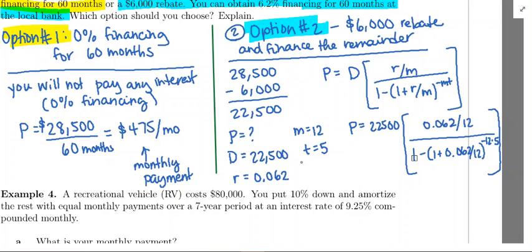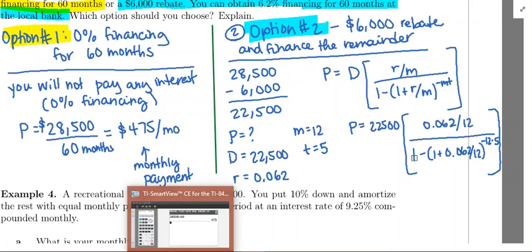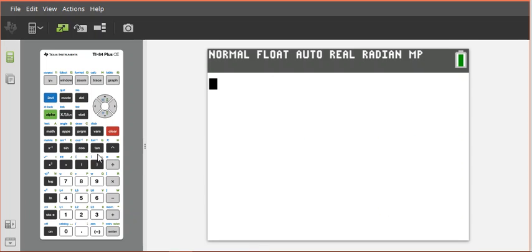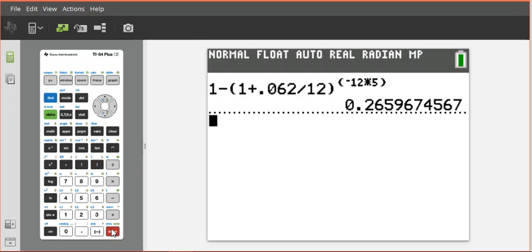If I pull up the calculator, we are going to start inside the brackets for this formula. The denominator is more complicated, so we're going to start there. So we're going to get 1 minus, open parentheses, 1 plus 0.062 divided by 12, close parentheses, raised to the negative 12 times 5 power. This is the denominator. We need to go back to the numerator. I'm going to put the numerator in parentheses, so it's R over M, close parentheses, and then we need to divide by the denominator, which is that decimal we just got out.